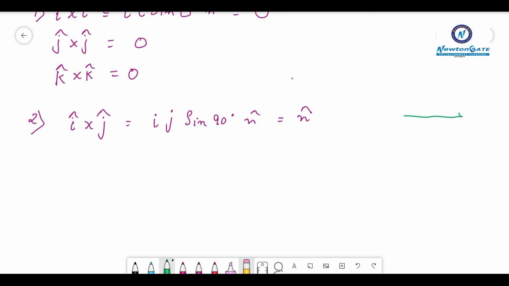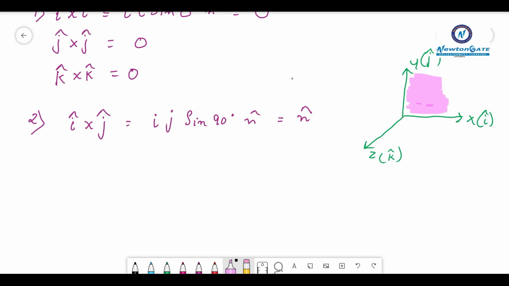So this is my x axis, this is my y axis, and this is my z axis, right? So within brackets I can write i cap, j cap and k cap. If my plane for i and j is this, what is the mutually perpendicular direction to x and y?